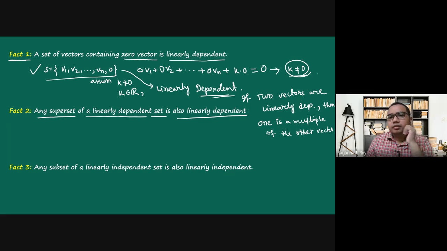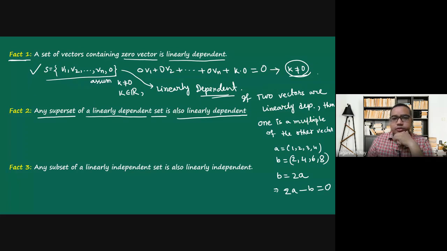Now, take vector A as 1, 2, 3, 4 and B equal to 2, 4, 6, and 8. Then we can write B equals 2A. So if we take the linear combination, 2A minus B equals 0.